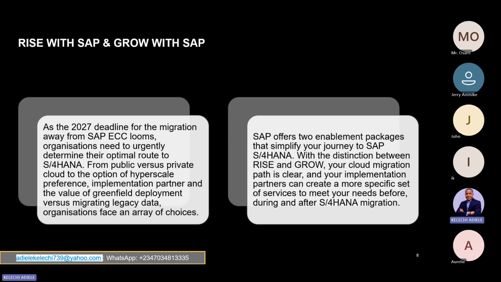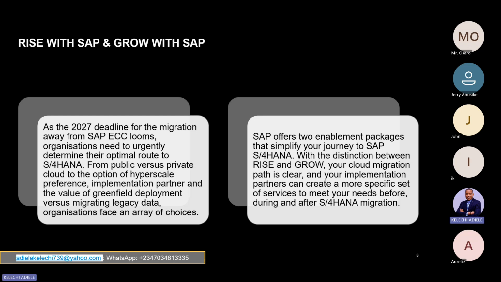Now, there is something that is hopefully going to happen in 2027 within the SAP family. We have a current version called ECC, and it's expected that by 2027, customers sitting on this ECC platform will need to move to the new version, which we call SAP S/4HANA. Currently, people are still on the ECC version of SAP.